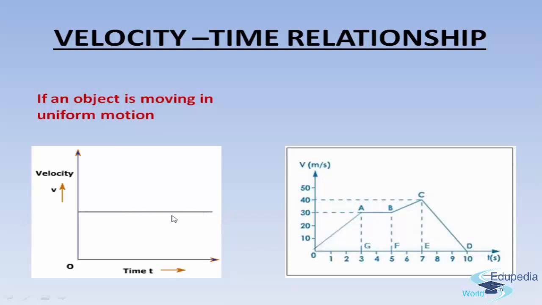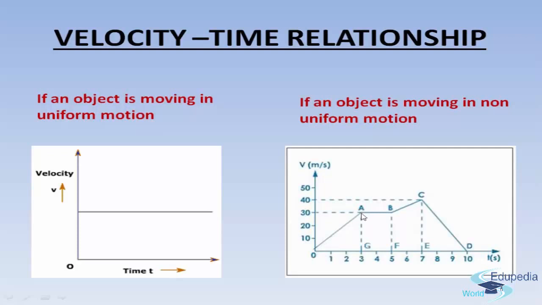Whereas if an object is moving in non-uniform motion, that means sometimes the velocity is increasing and at some other time the velocity is reducing. So the graph is going to be zigzag. As you see here, this is, let's say, the time in seconds. For the first 3 seconds, the velocity was increasing.